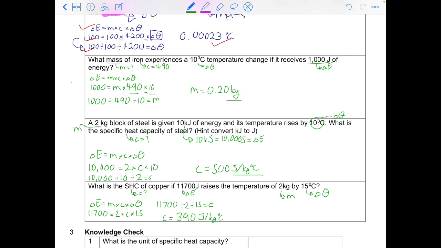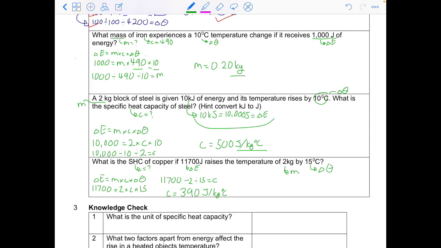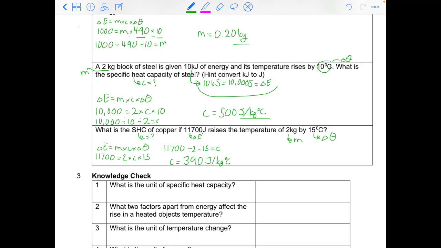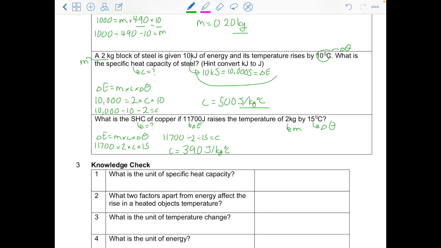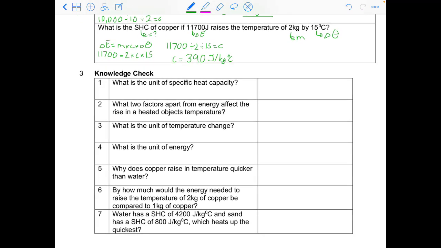The one extra step you did have to do here was convert to joules. Remember, there's 1,000 joules in a kilojoule, same way there's 1,000 grams in a kilogram, 1,000 anything in a kilo-anything. And so the specific heat capacity of copper, again, you're looking for your specific heat capacity. So we know our change in energy, we know our mass, we know our temperature. It's the same thing. Just plug the numbers into the formula.